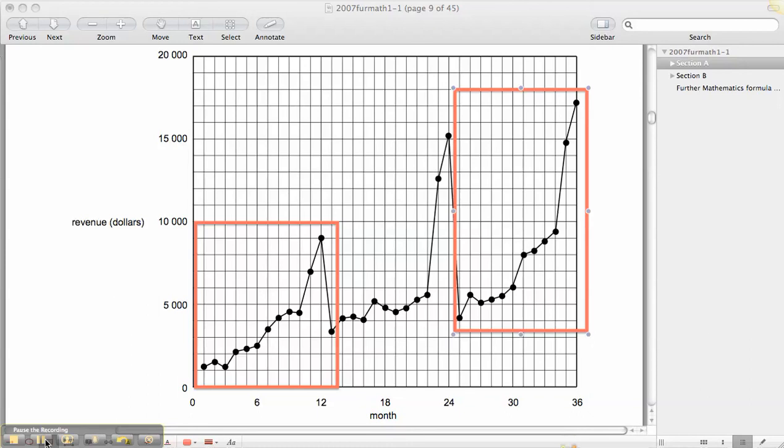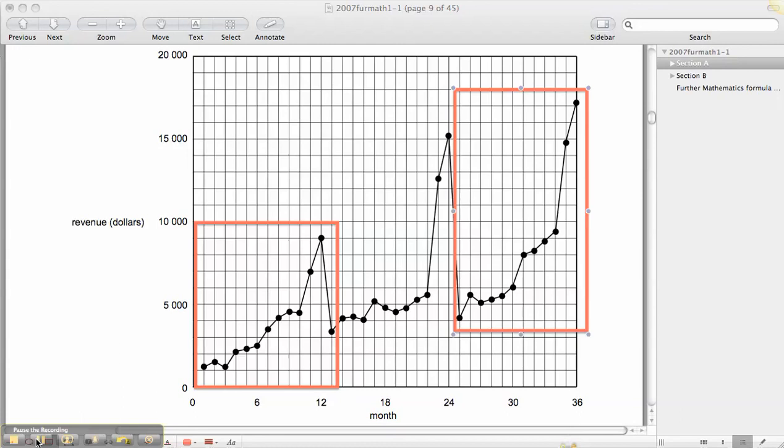When you're finding your median coordinates, it's important to know that you find your x-coordinate first, or the median of the x values, and then the median of your y values. So when you're doing this, it's a good idea to get your ruler and go across to find your x value first, and then find your y value by going upwards in the y direction. Now, because there's 12 values in each third, our median is going to be between month 6 and month 7.